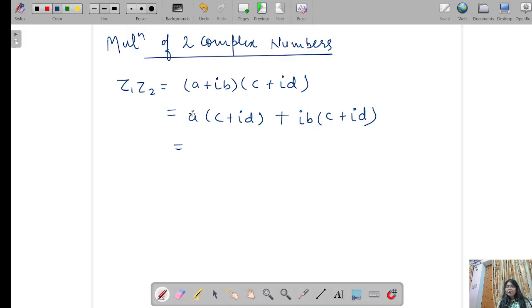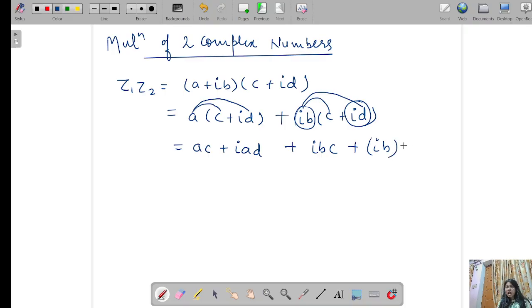Now, I will multiply a by c and a by iota d: ac plus iota ad, plus this with this and this with this: iota bc plus iota b into iota d. This step is clear. I can write it here as iota square bd.